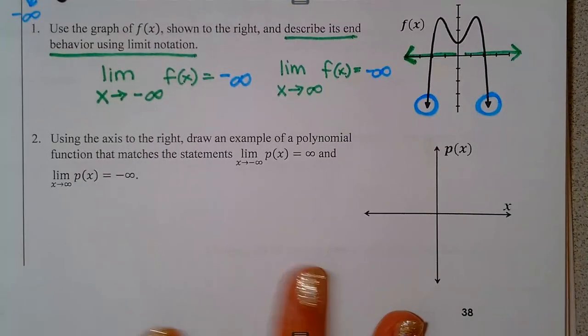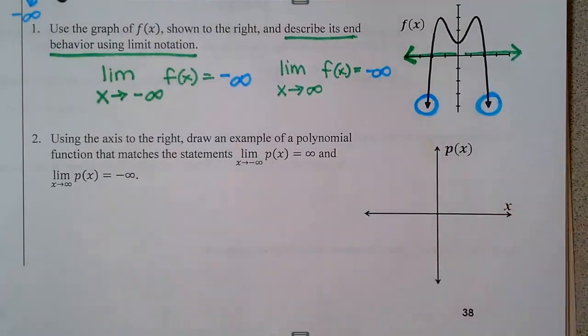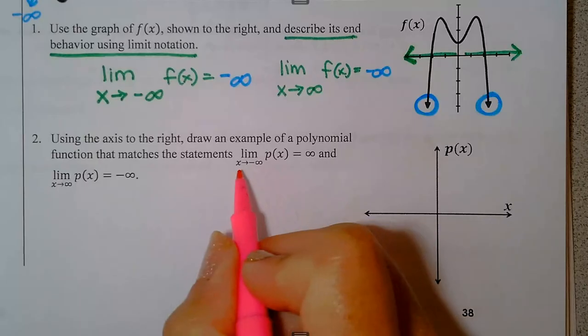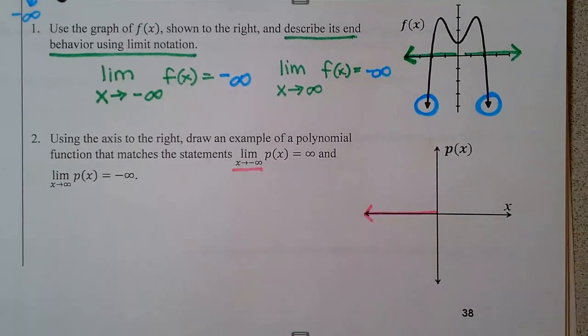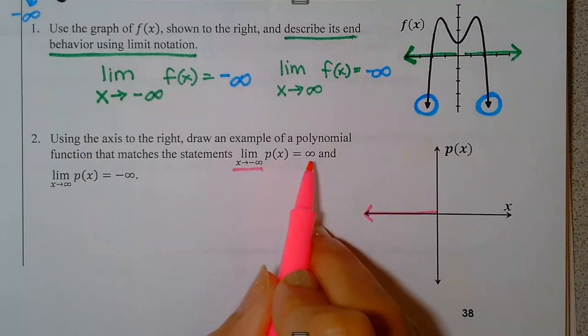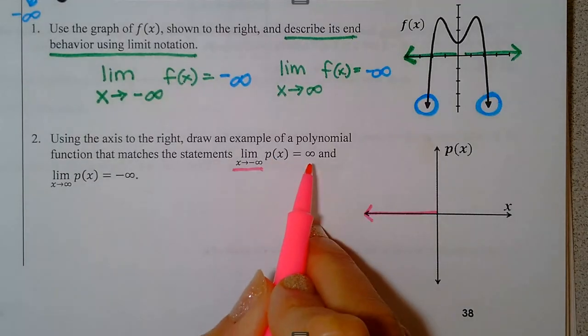Using the axis right here, draw an example of a polynomial function that matches the statement. How I like to do it is I work by the sides first. So I look at this one. As x goes to negative infinity, that's this line right there, my function is going to infinity.